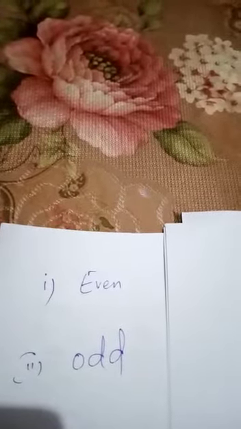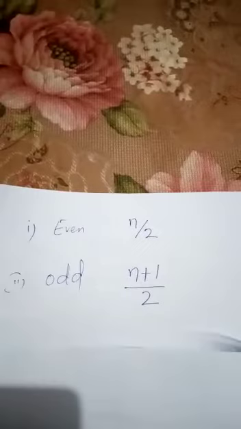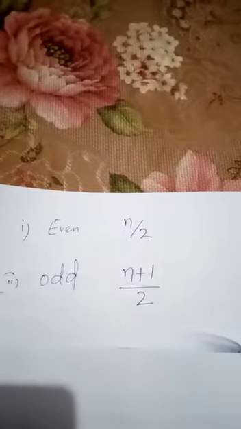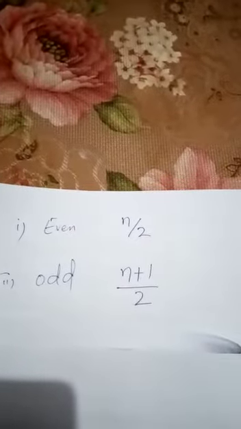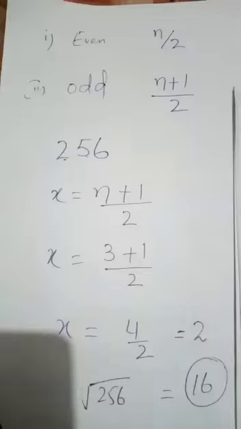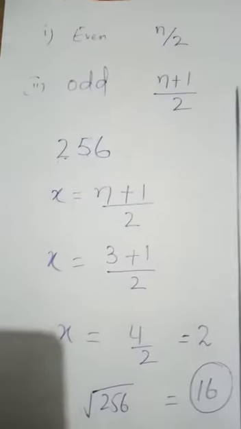According to the definition, we have the formula. If the number of digits is even, then we have the formula n by 2. And if the number of digits is odd, then we have the formula n plus 1 divided by 2.